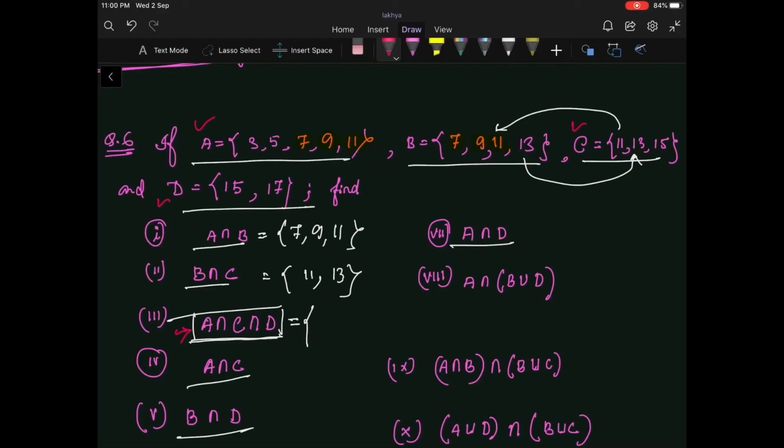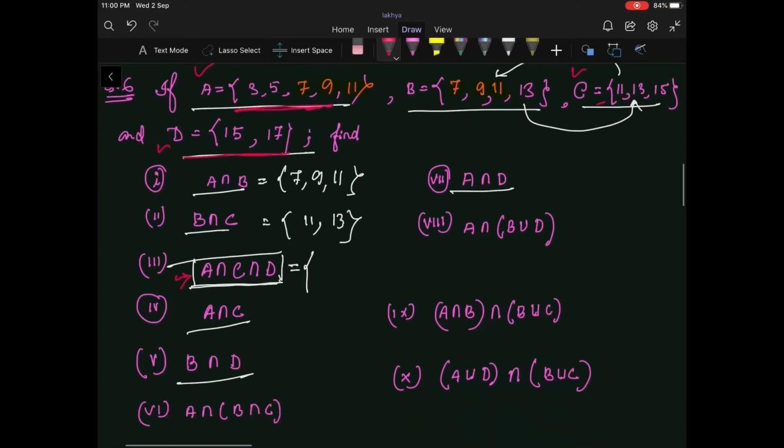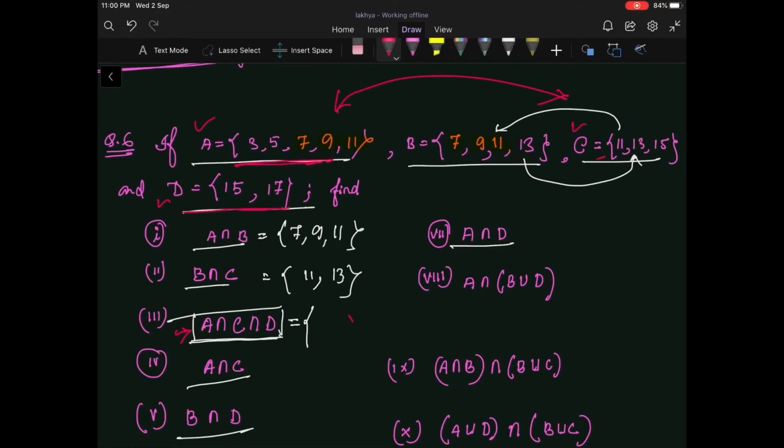Here in A and D there is no common element, though we have common elements in A and C, but we don't have any common elements in A and D. That's why it is surely an empty set. The intersection of these three must be an empty set.